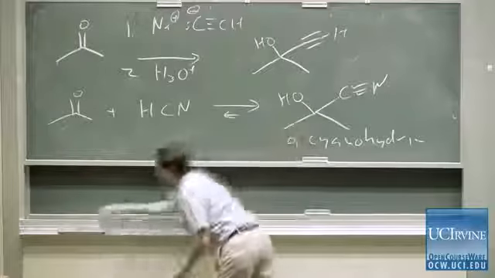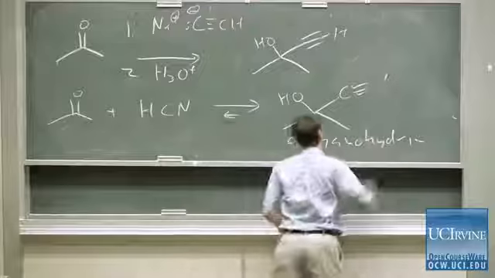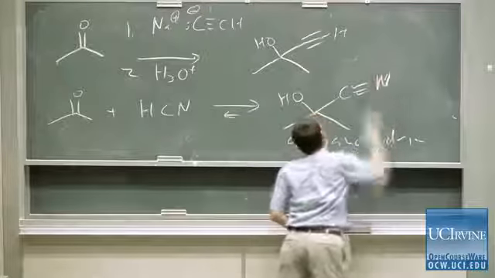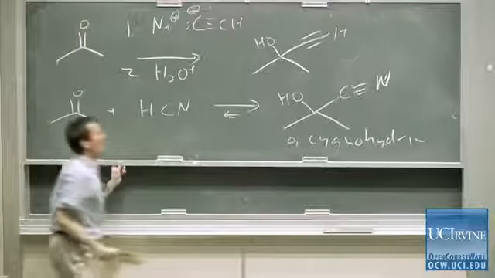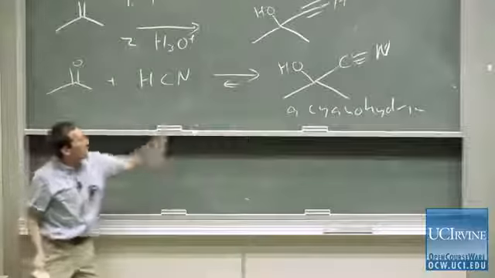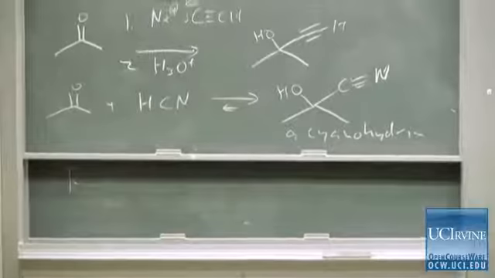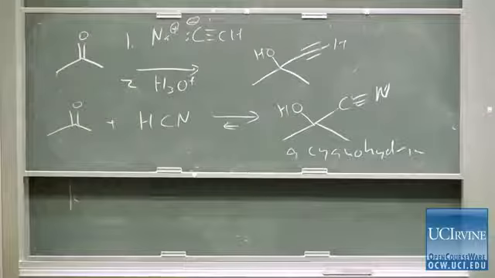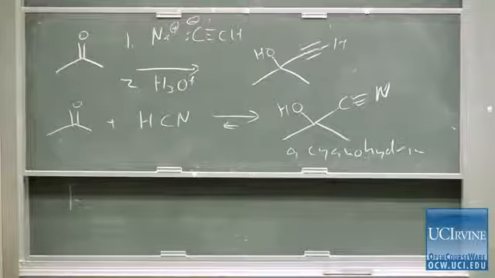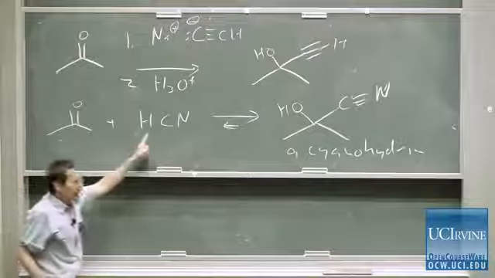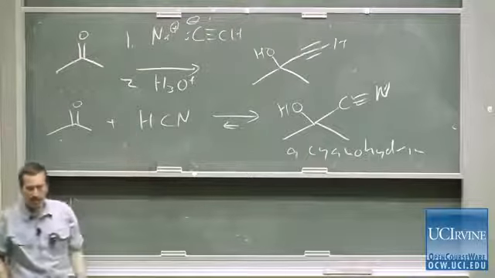The hydrogen cyanide adds in to the acetone, and we get a product that really in many ways looks very analogous to the addition of acetylene. Now, hydrogen cyanide is not something you want to work with.